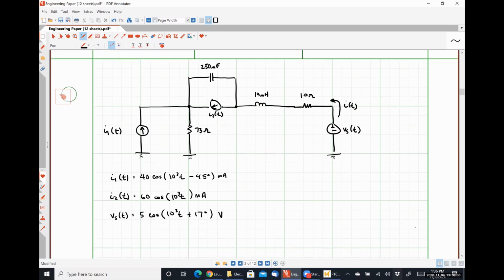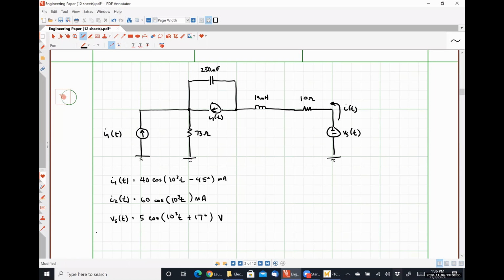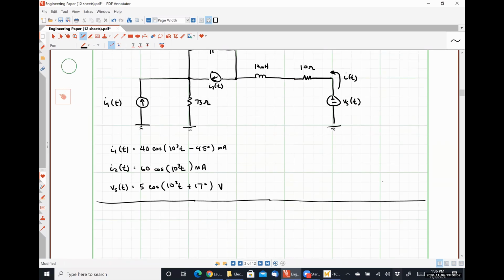So your name is Jonah Fitzgerald, correct? Mr. Fitzgerald, what should I do first? Exactly right. Convert everything to the phasor domain equivalent.